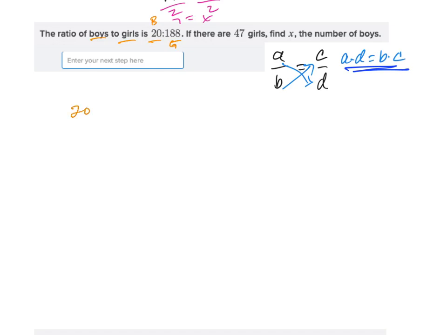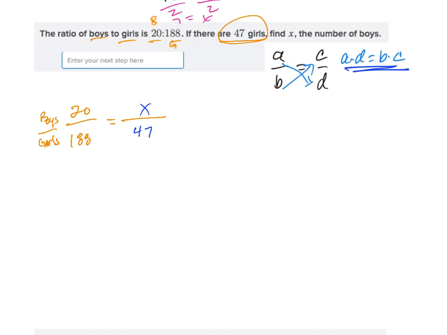So you have 20 over 188. And I would always tell you, write this down, boys to girls. And what we want to know is that's equal to if there are 47 girls. So that means we have to put the 47 down here where the girls are. And then we're going to try and figure that out. Okay?